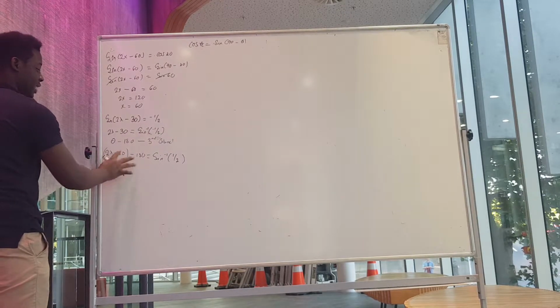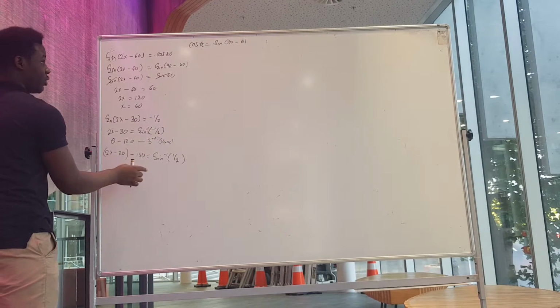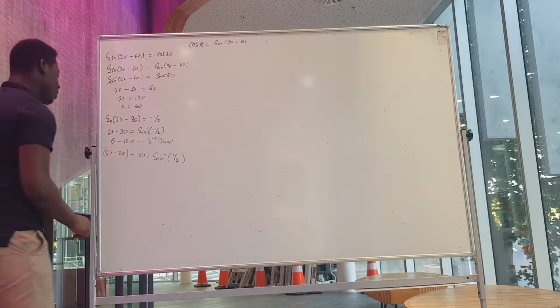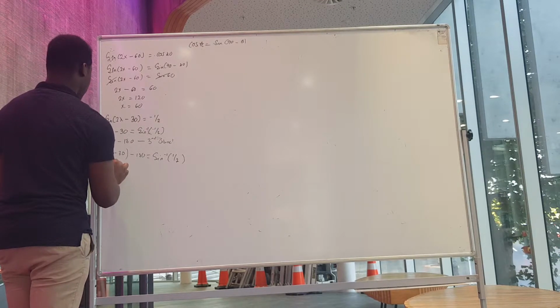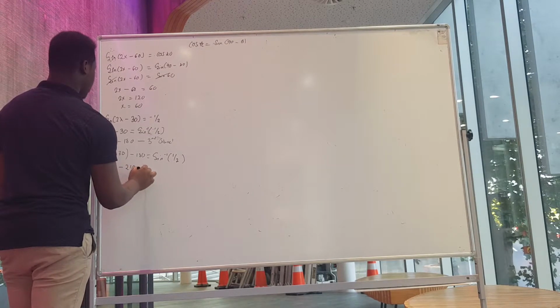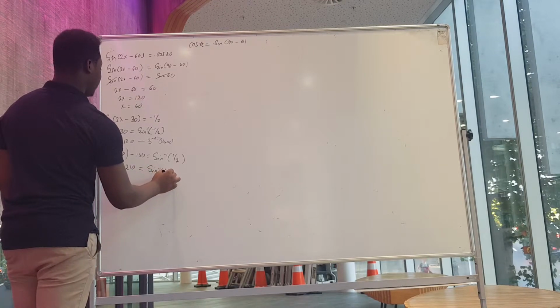So if we solve for lambda, it has to be in the first quadrant, but if you add 180 to it, it will give you the angle in the third quadrant. So that's 2 lambda minus 210 equal to sine inverse of a half.